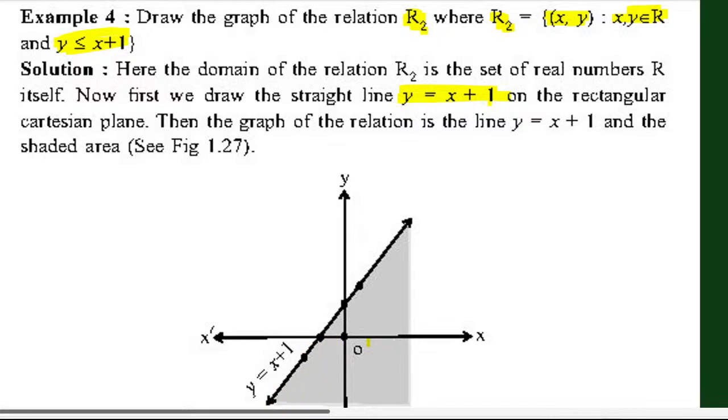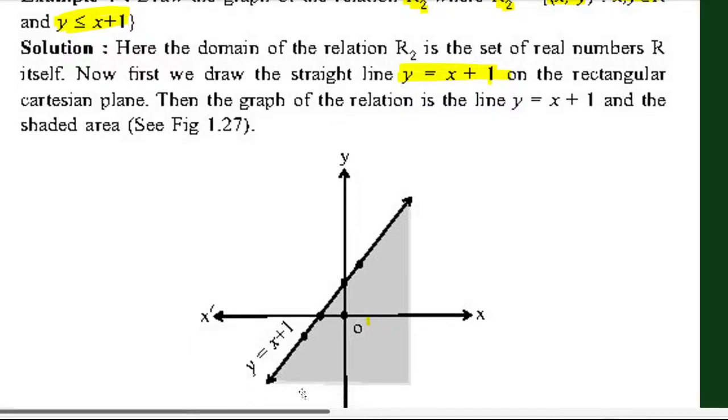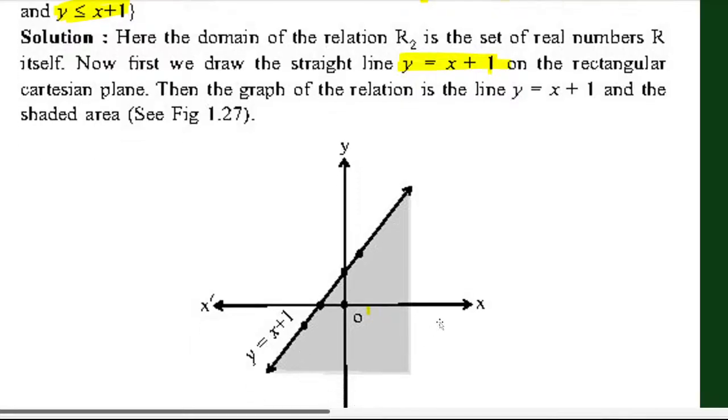Now this is the equal part. Now it will also be less than, and we don't know how much less than. So this becomes your shaded region.